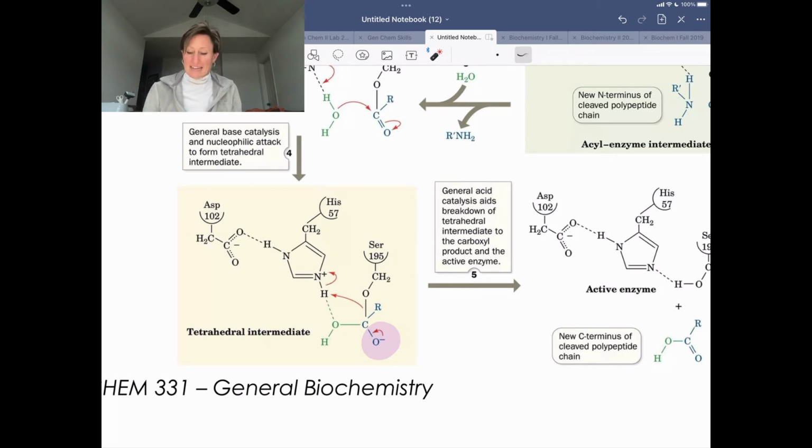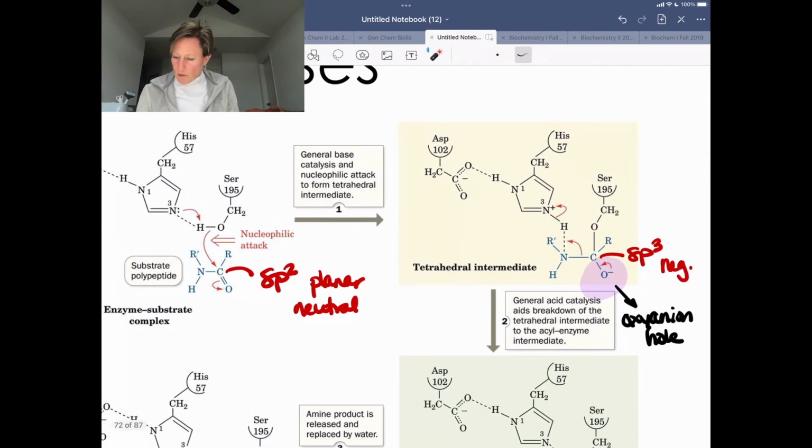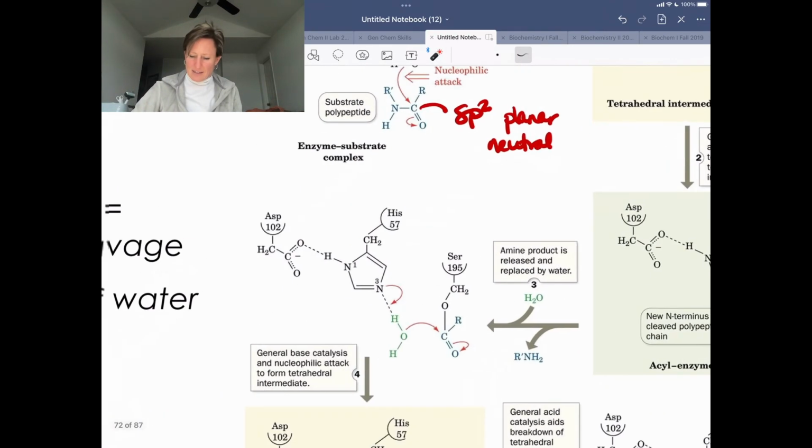Now we're going to see decomposition of this tetrahedral intermediate. Notice here, if we broke this bond to the tetrahedral intermediate, we would just go backwards. Same thing up here, right? When this tetrahedral intermediate decomposed, sure, we could break that bond, but that's not moving towards product. This is the bond that's moving towards product and breaking that peptide bond.